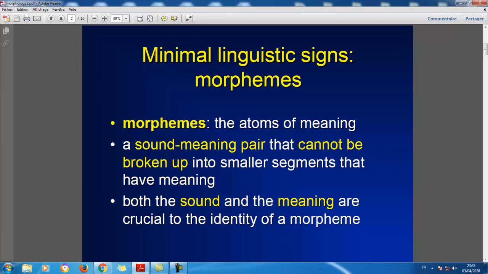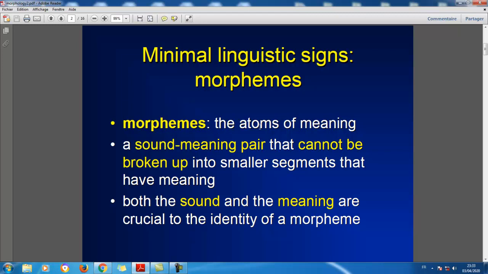By the word minimal, we mean that it's the smallest unit that cannot be broken up. It cannot be divided any further. So we cannot divide it into, let's say, smaller units because it's the smallest. And that's why we have got this definition here.